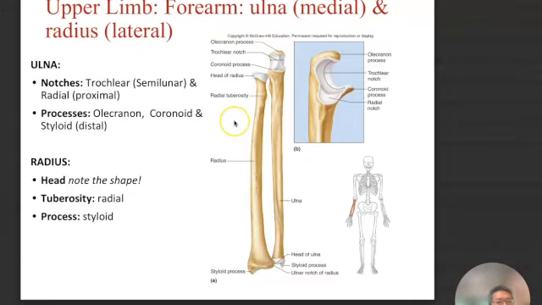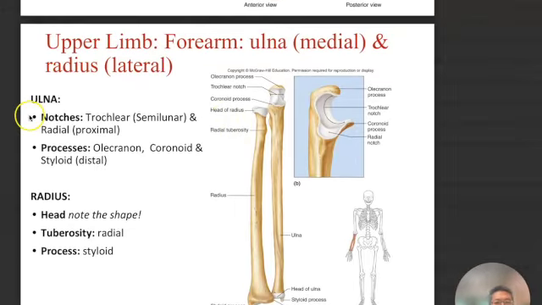Let's see. So, the notches. You remember the trochlea articulates with the ulna, and the capitulum goes with the head of the radius.